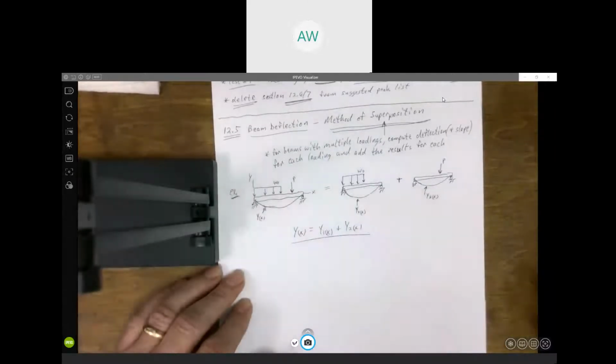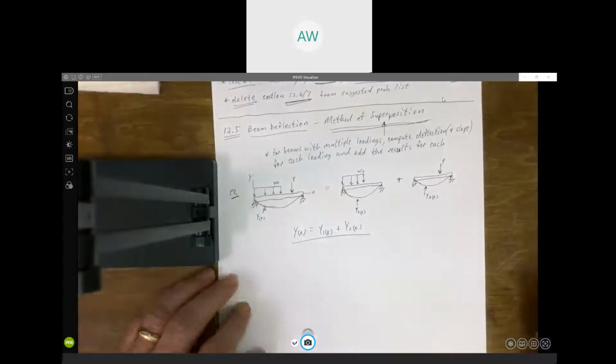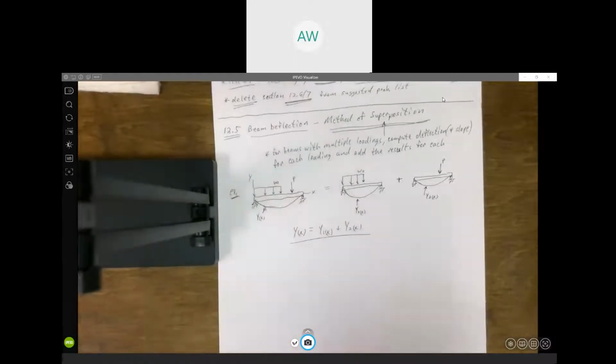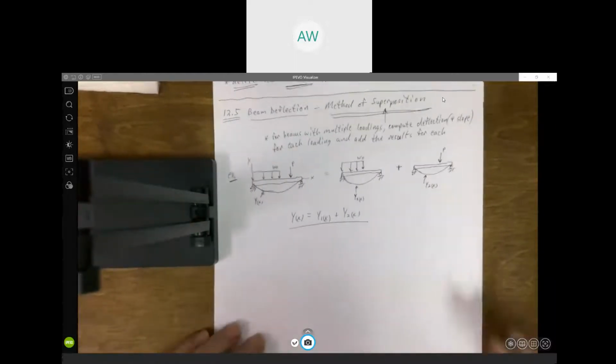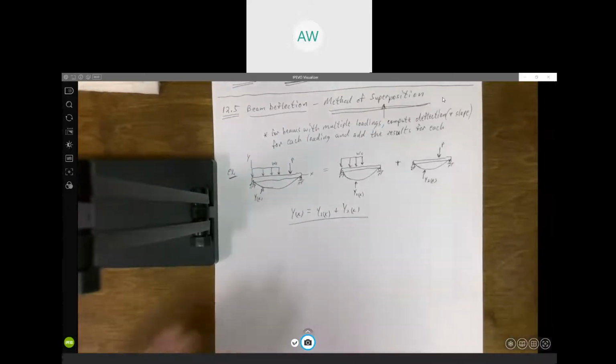That's the concept of superposition. Now, hopefully you're listening and thinking, well, conceptually this is a pretty straightforward idea.